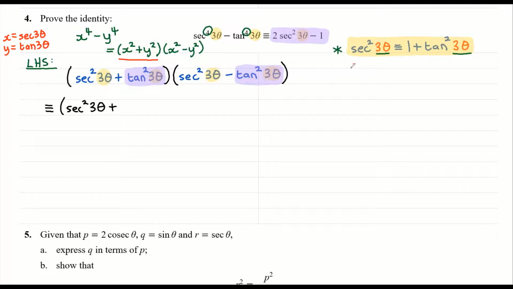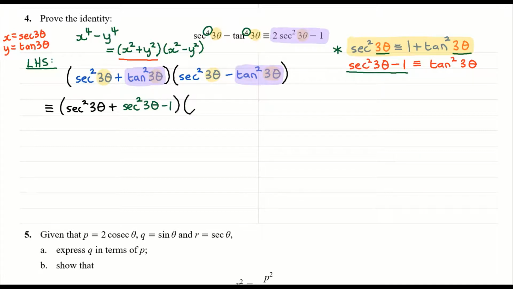So if I take this identity, and if I subtract 1 from both sides, you can see we can get tan squared isolated on its own on the right. So that means that tan squared is identical to sec squared subtract 1. So that's what needs to go in here. So sec squared 3 theta subtract 1.